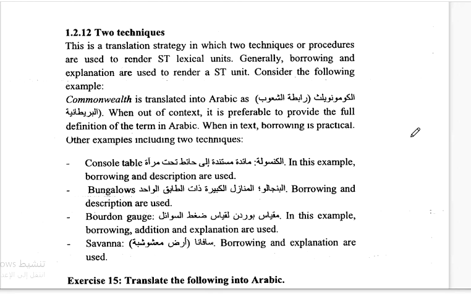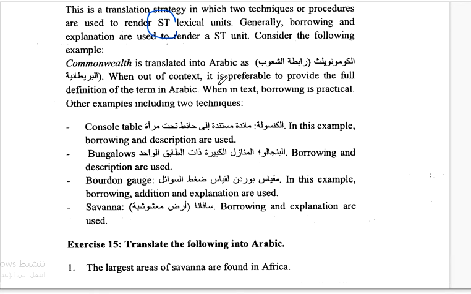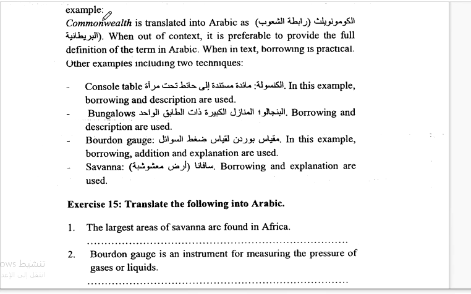يعني أنا بستخدم استراتيجيتين بالترجمة. This is a translation strategy in which two techniques or procedures are used to render source text lexical items. Generally, borrowing and explanation are used to render a source text unit. Let's consider this example. Commonwealth. لو أنا عملت borrowing لحالها وقلت لكم Commonwealth ممكن بعضكم ما يفهم إيش يعني Commonwealth. فعشان هيك they suggested to provide a definition or a paraphrase within or with borrowing strategy.